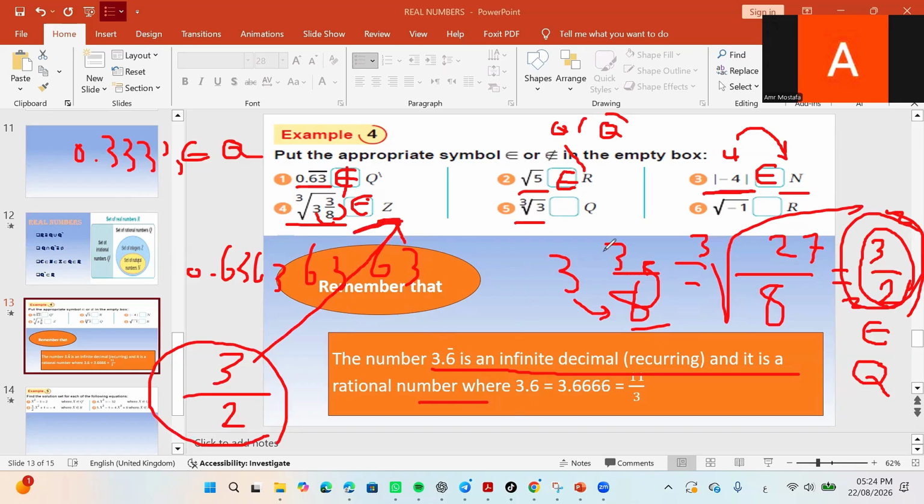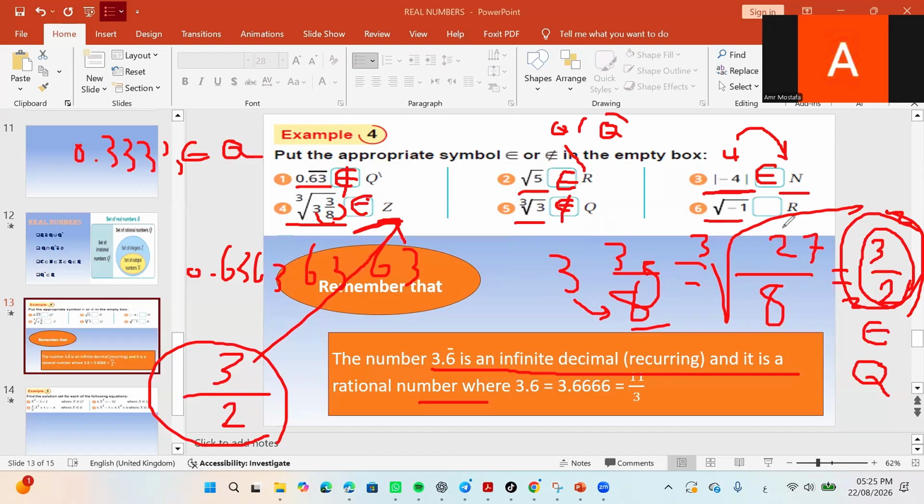Does the cube root of 3 belong to Q? No. Why? Because it's a cube root of a non-perfect cube number. 3 is a non-perfect cube number. I can't have a cube root for 3, so it does not belong to Q. Root negative 1 and real numbers.